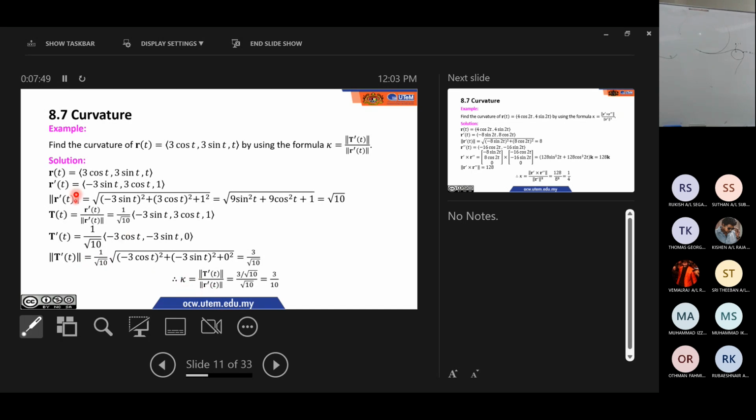In this course you have already learned all this, so it shouldn't be a problem for you to get the curvature. Just make sure you don't make any mistakes here, then you will get the correct answer. Just compute according to the formula.